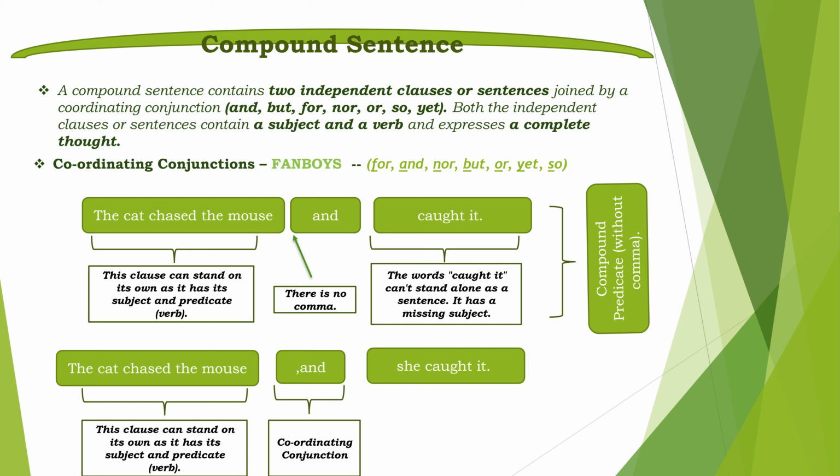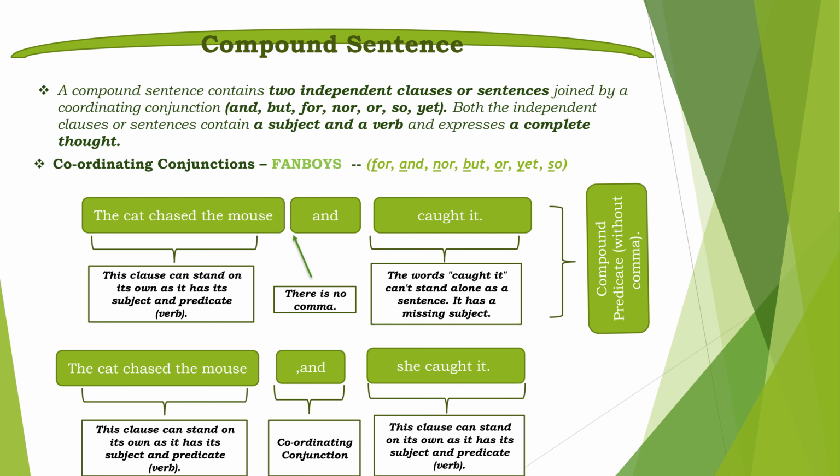And then we have used "and" as a coordinating conjunction. The second part of the sentence is also an independent clause since it has its own subject and a predicate, and it gives us a complete thought. This is an example of a compound sentence with a comma.